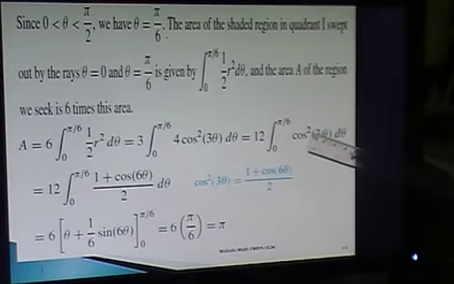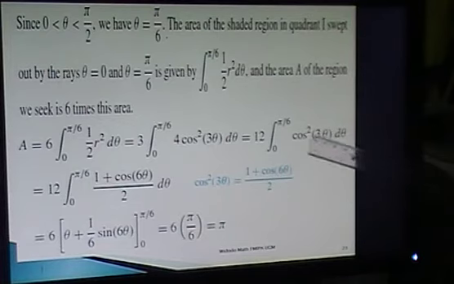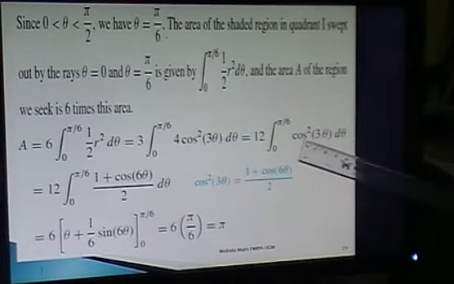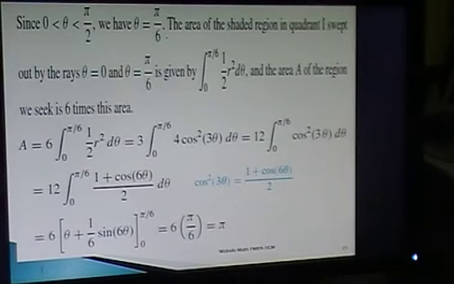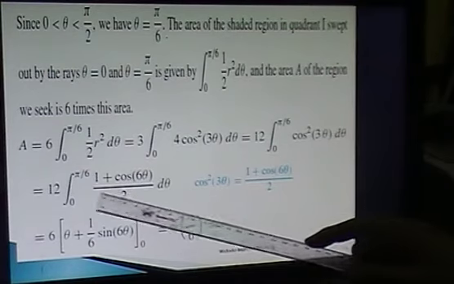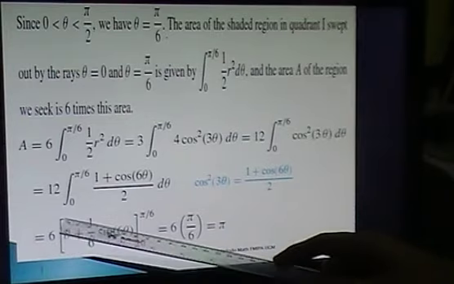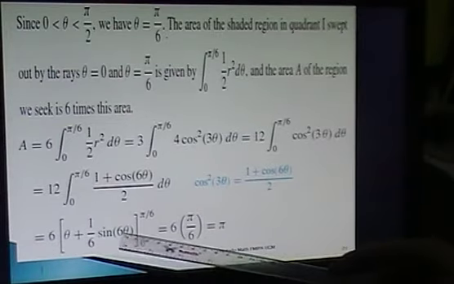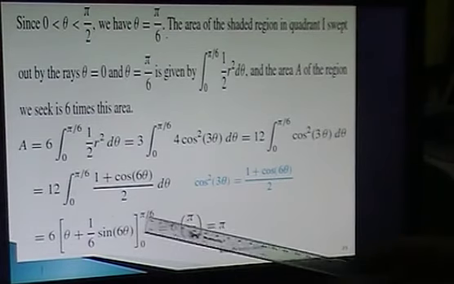Because cos squared 3 theta is equal to 1 plus cos 2 times 3, that is 6 theta, divided by 2, then we can replace the right hand side with this expression. So it becomes like this. It is very easy to calculate by using the definite integral, equal to 6 of theta plus 1 over 6 sin 6 theta between 0 and phi divided by 6.